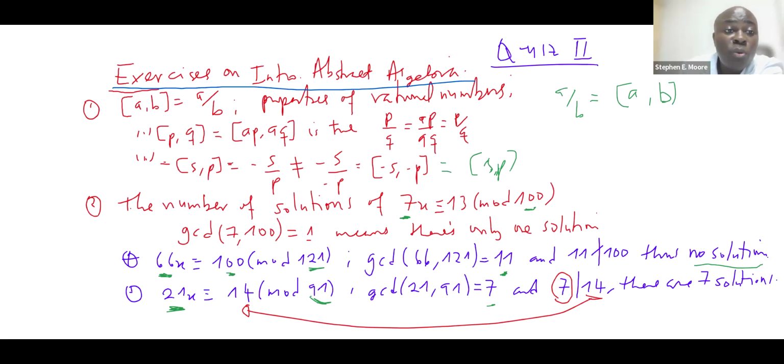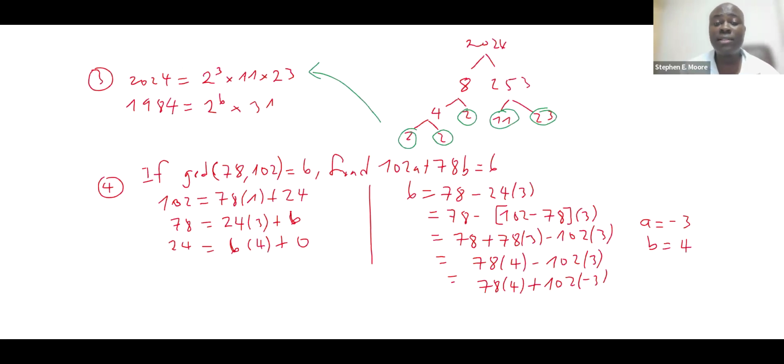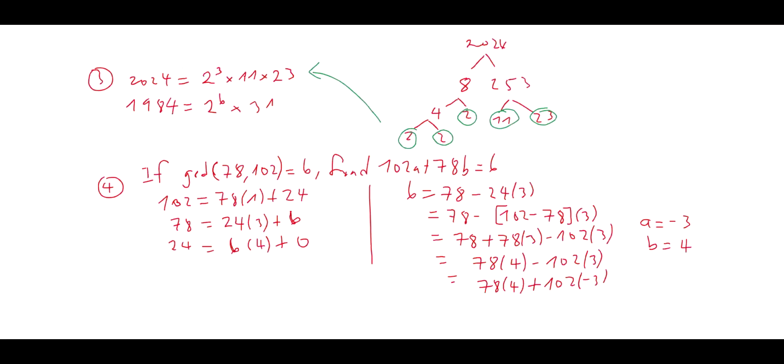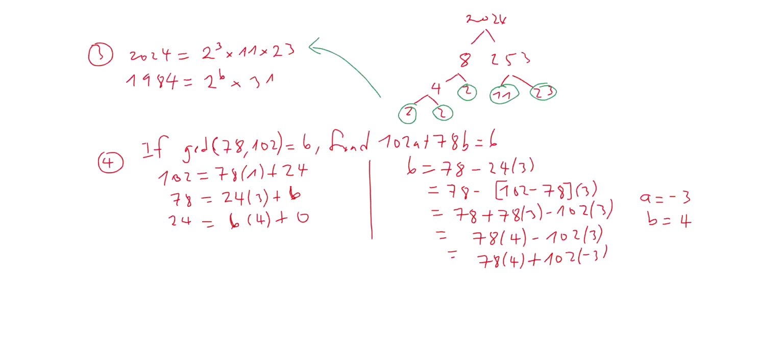Then we go to finding the factorization of 2024 and 1984. If you want to find the factorization of a number like 2024, you have to look for the prime factors of that number.